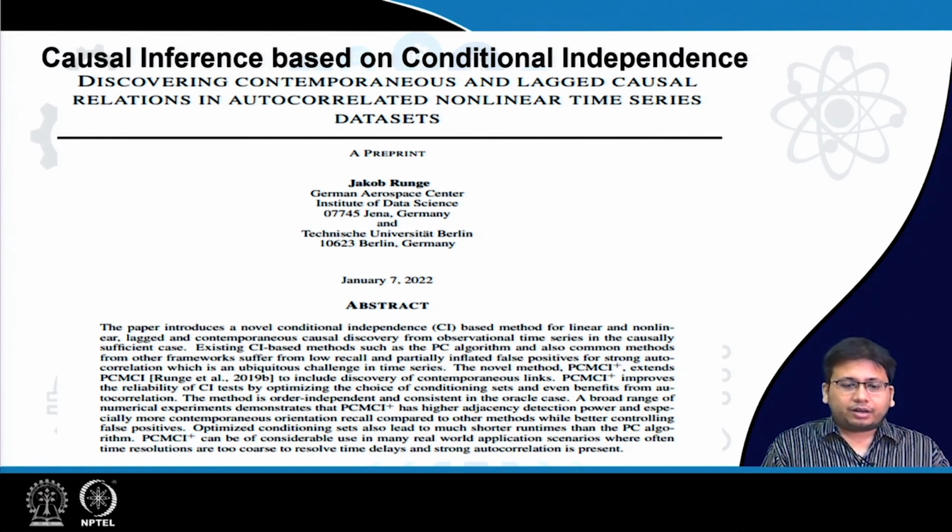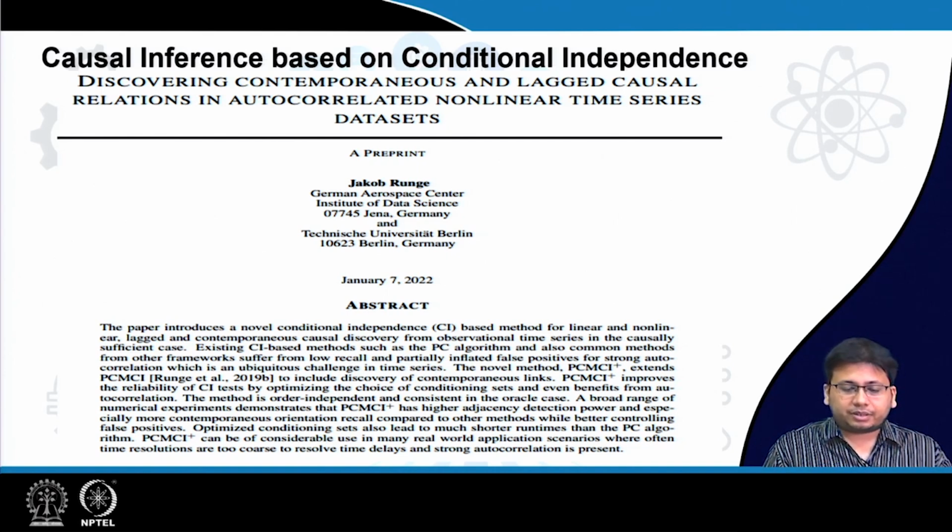So this paper by Jakob Runge, who is one of the foremost scientists working on causality right now, proposes an advanced version of the PC algorithm which we mentioned earlier. The paper introduces a novel conditional independence based method for linear and nonlinear lagged and contemporaneous causal discovery from observational time series in the causally sufficient case.